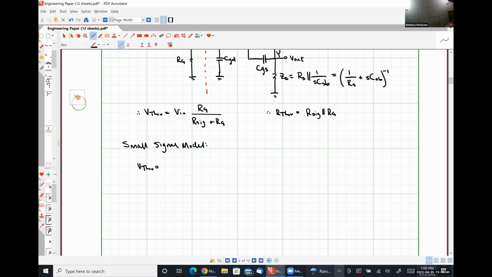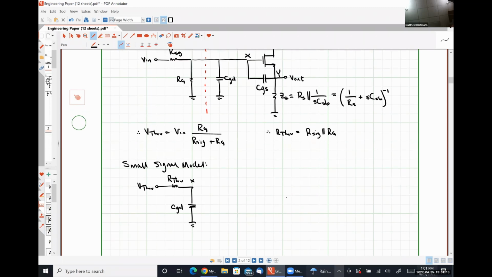So I have my Thevenin voltage in series with R Thevenin. So that's my Thevenin equivalent representation. Here is node X. Sorry, yes, R Thevenin. Thank you so much. Here's CGD.